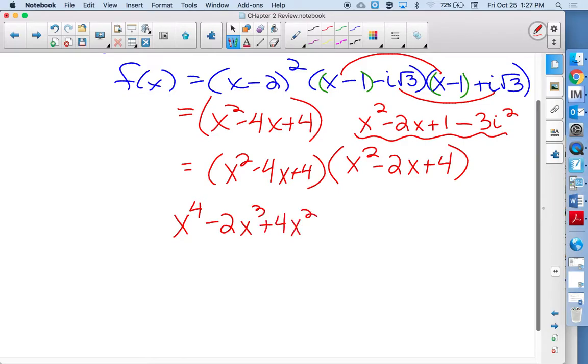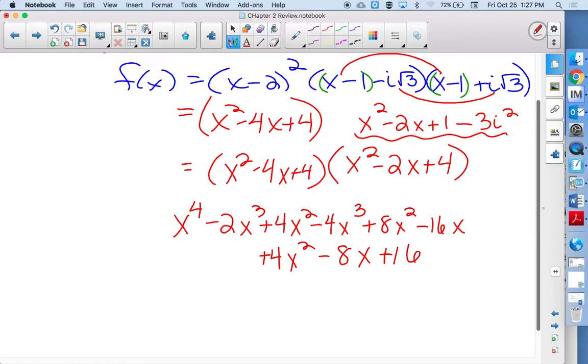So there's my x squared term. And then I would go to the middle term and distribute it through everything in the back. And then finally my last term is the plus 4. So distributing that as well gives me a 4x squared minus 8x and then plus 16.